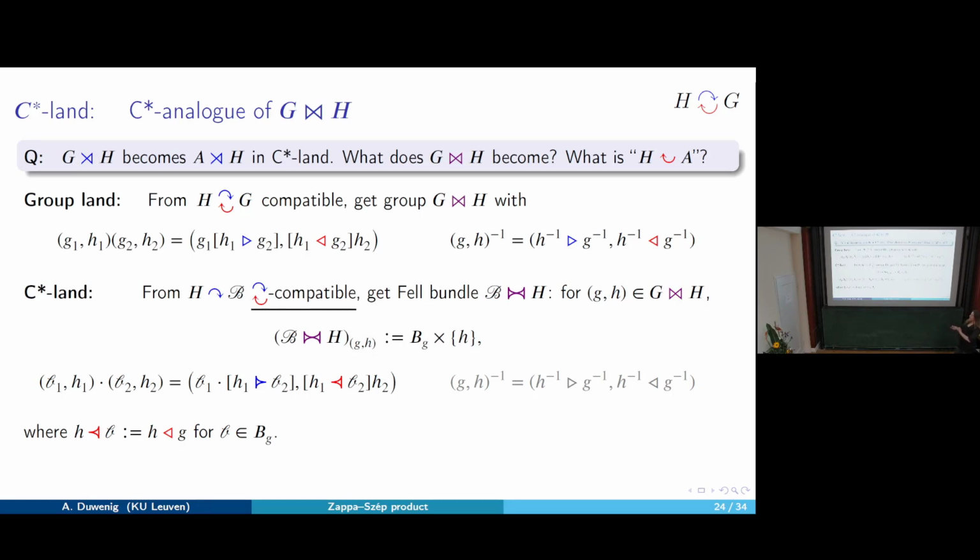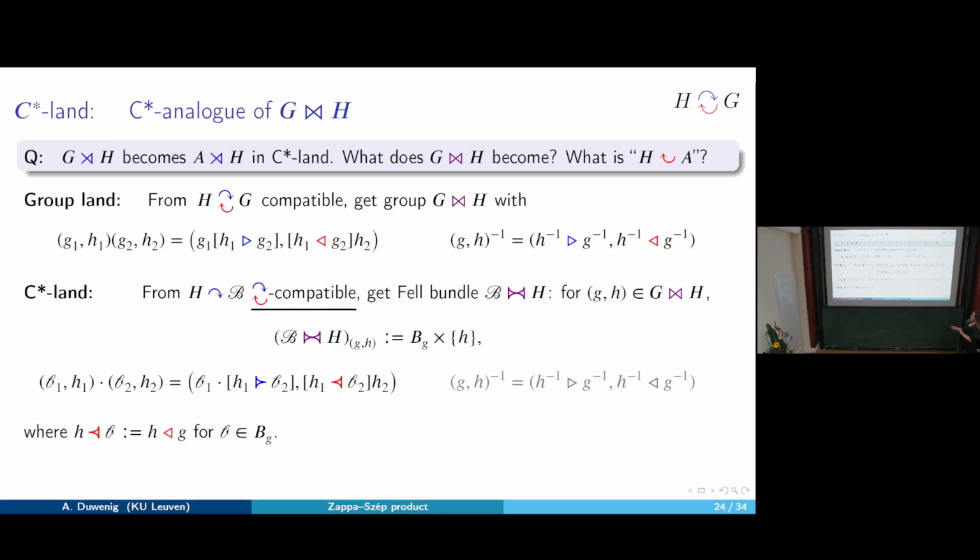So what happens now? I have an element in, say, the G1H1 fiber of my new bundle. So this is just something in the fiber over G1. I multiply it by something in the fiber over G2. And my formula looks like this, copy pasted from there. What have I done?